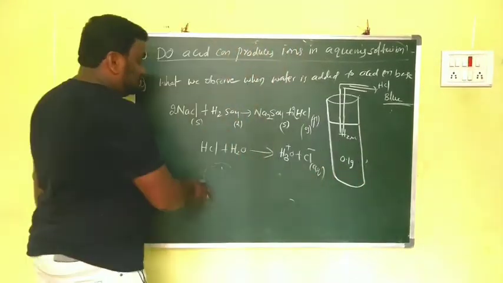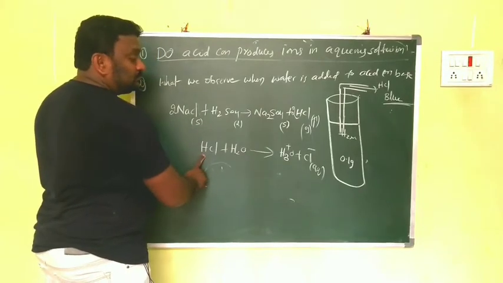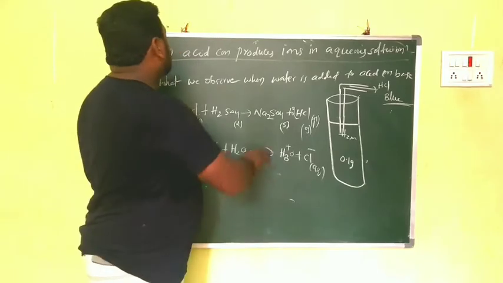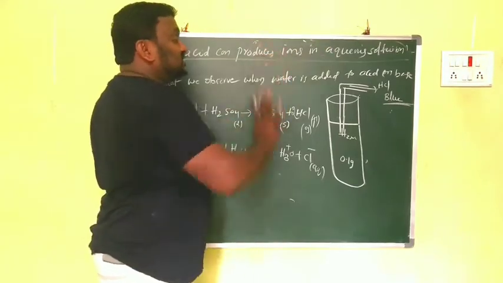If we add some water to that, we get H3O+ and Cl-. So this is: acid can produce ions in aqueous solution.